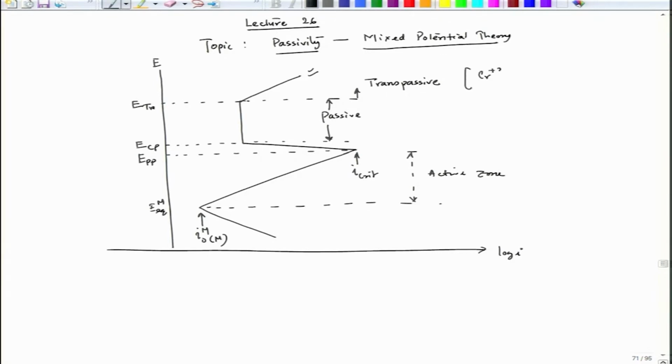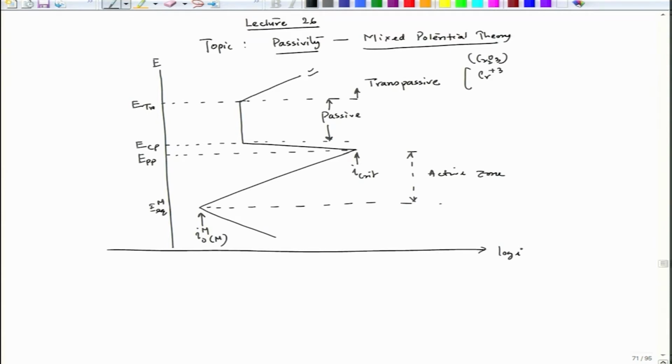Now, chromium trivalent ion, which is nothing but Cr2O3, gives a protection in case of chromium, but if it goes to a high potential. So, in case of chromium, the passivation appears because of chromium oxide formation.